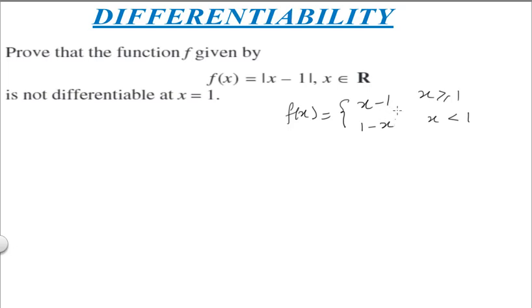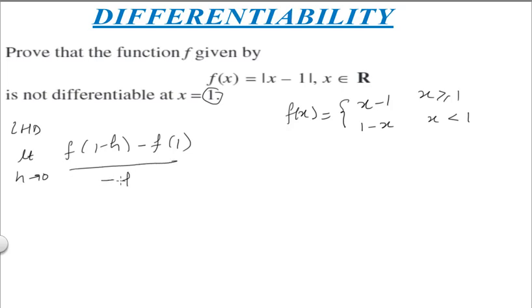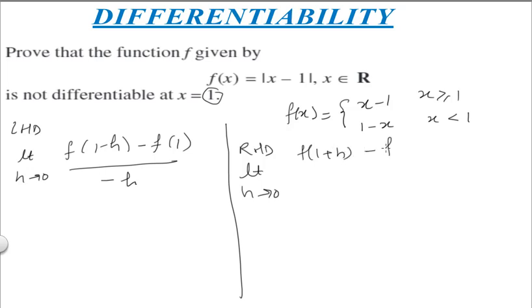So when we solve it, the LHD formula, you know, is limit h tending to 0, f of c minus h, c here is 1. So you'll write f of 1 minus h minus f of c, which is f of 1, divided by minus h. For RHD, we will write limit h tending to 0, f of 1 plus h minus f of 1 divided by h.